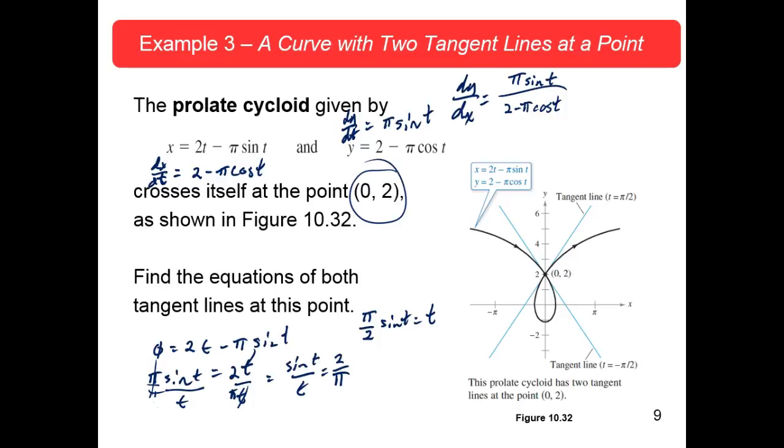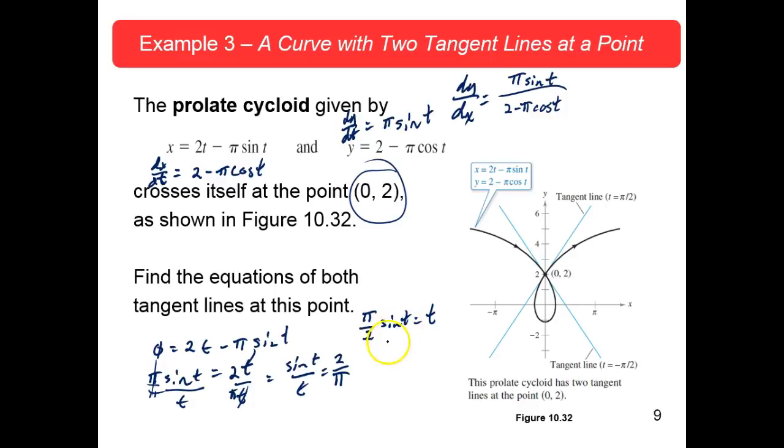Now, kind of by inspection, you can see when t is equal to pi over 2, then sine is 1, right? Sine of pi over 2 is 1, and then pi halves would be pi halves, right?